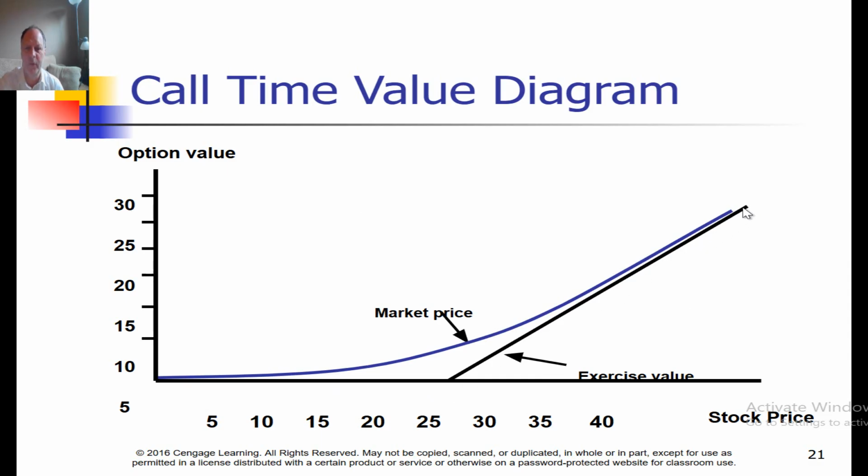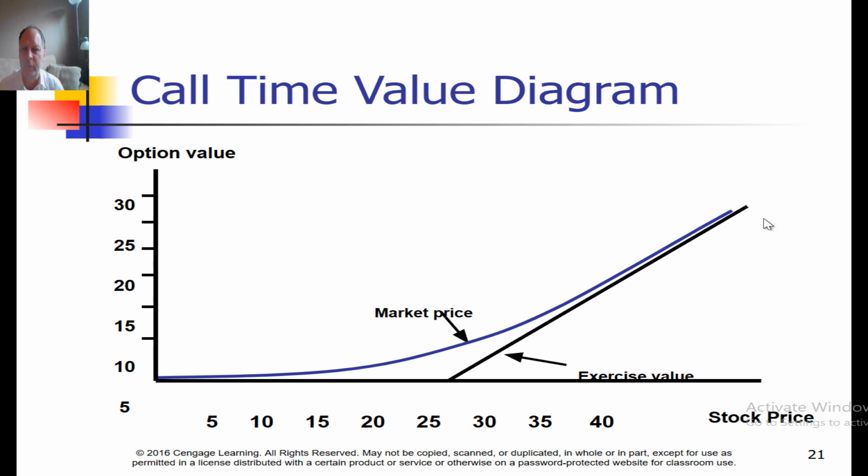As we go all the way up here, the time value effectively goes away, whereas we have a very large time value when the stock price is at the strike price. As you go down, also the time value goes away. So here there's basically no chance of the option being exercised at a positive intrinsic value.